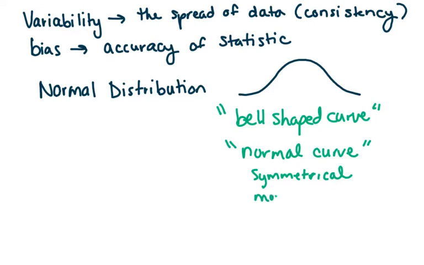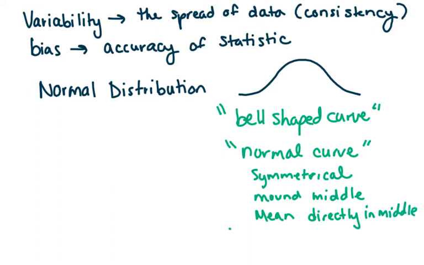The mound, so most of the data is in the middle, and the mean is actually directly in the middle. So 50% of your data is below the mean, and 50% of your data is above the mean.